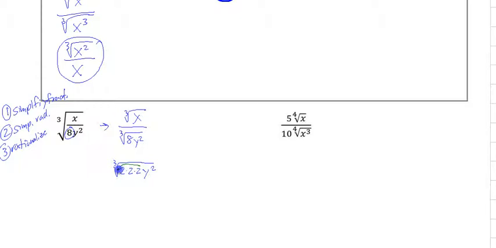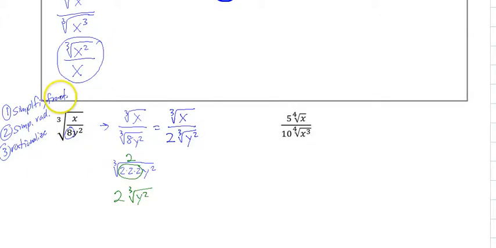So we circle our group of 2's, and we can take 1 out, because there's one set of 3, and that's it, which would leave us with 2, and then the cube root of y squared. We can place that back into the problem. So cube root of x over 2 cube root of y squared.